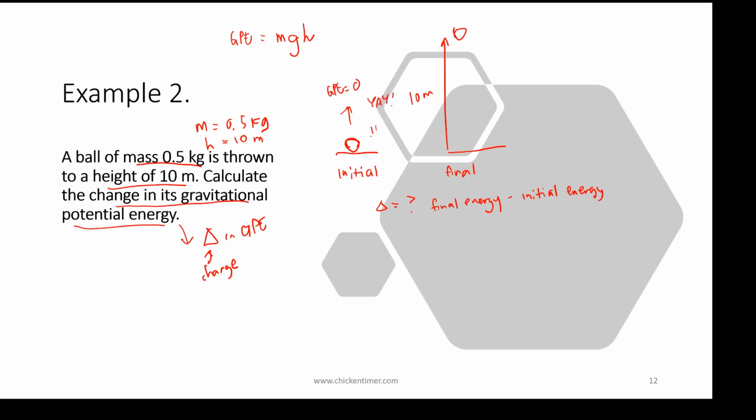Then now this one, GPE is how much? 0.5 times 10 times 10. So we have 50. So the change will be 50 minus 0, 50 joules.